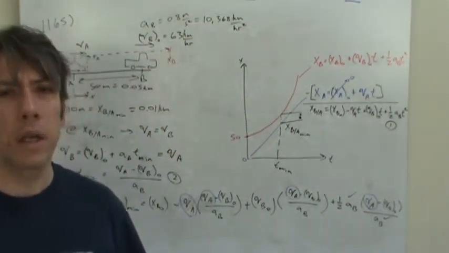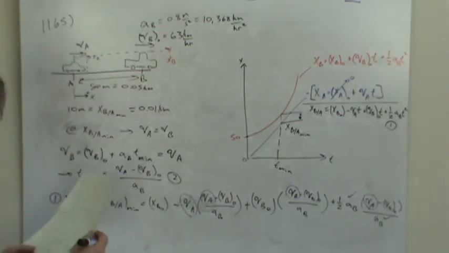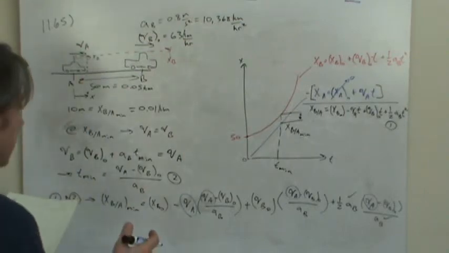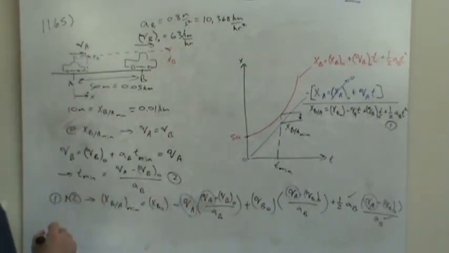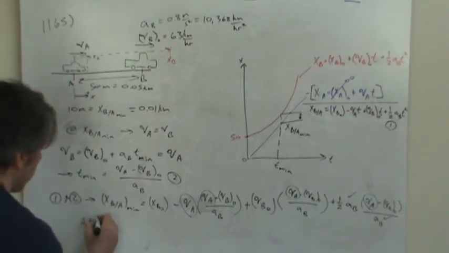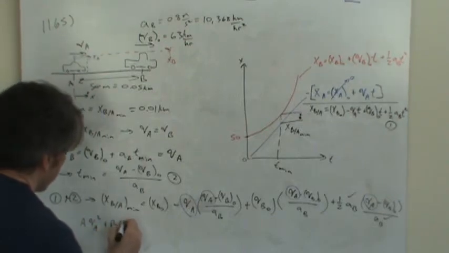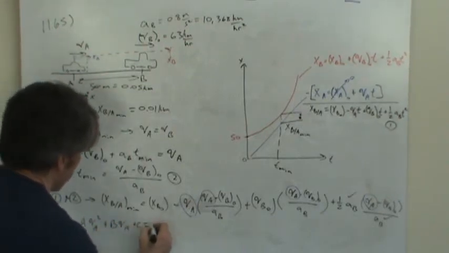Now you're going to get a quadratic equation. You'll have to use the quadratic formula. If you set it up, to help you out, I'm going to show you what your coefficients should be when you get this into standard form. Now standard form would be A VA squared plus B VA plus C equals 0.